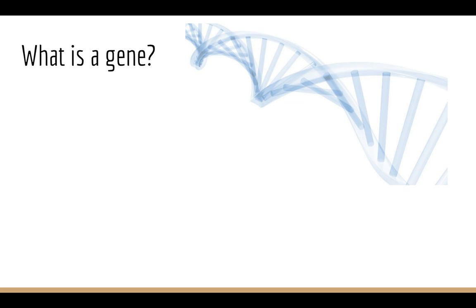So first we have to go back to a question that I think we probably started talking about in the last unit. We talked a little bit about how the definition of a gene has kind of evolved over time. First, Mendel just knew it was responsible for a trait, and then they figured out that a gene was found on a chromosome. And then eventually they thought maybe one gene coded for one polypeptide.